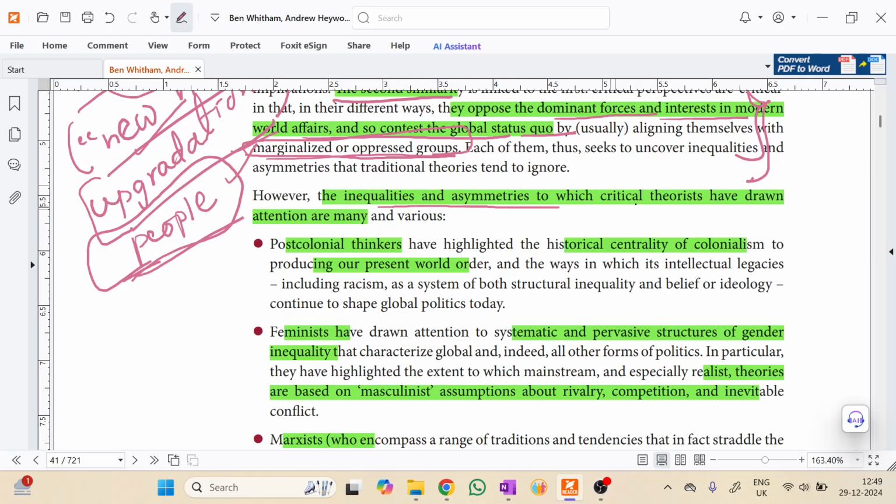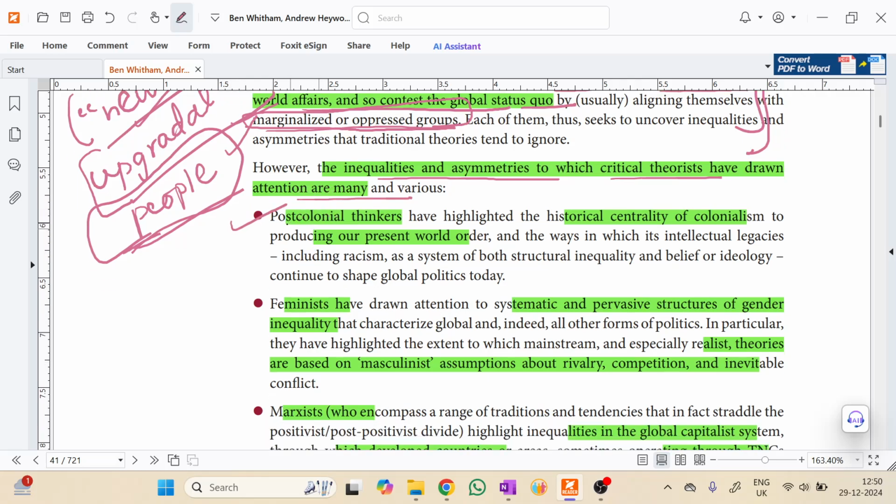However, inequality and asymmetries to which critical theorists have drawn attention, which are post-colonial thinkers, highlight the historical centrality of colonialism in producing the present world order.